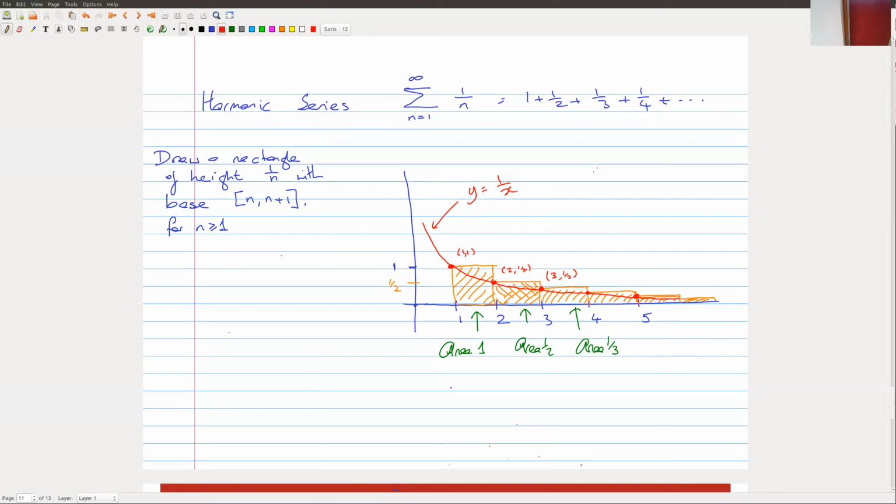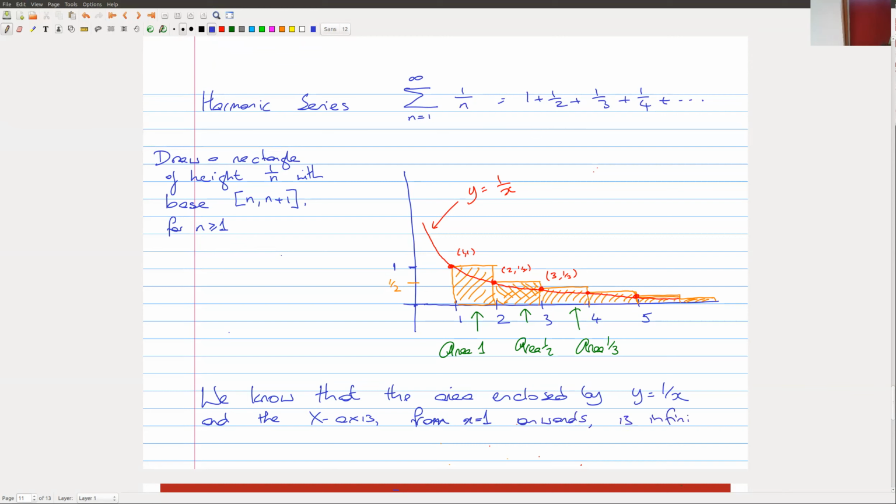And if you cast your mind back to section 1.5, when we were talking about improper integrals, we already know that the area enclosed by the graph y equals 1 over x and the x-axis, from x equals 1 onwards, that area is infinite.